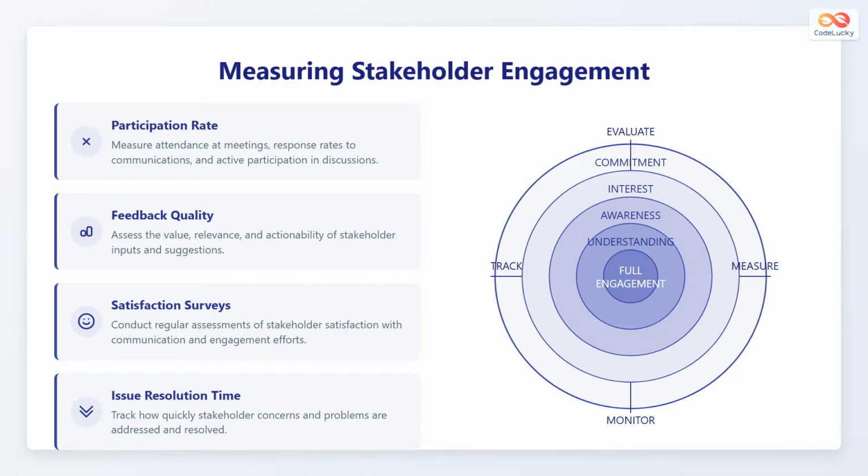Conduct satisfaction surveys regularly to assess stakeholder satisfaction with communication and engagement efforts. Additionally, track issue resolution time, which measures how quickly stakeholder concerns and problems are addressed and resolved. Continuously measure, monitor, track, and evaluate your stakeholder engagement to achieve full engagement.